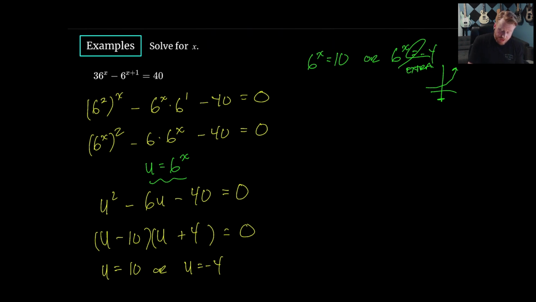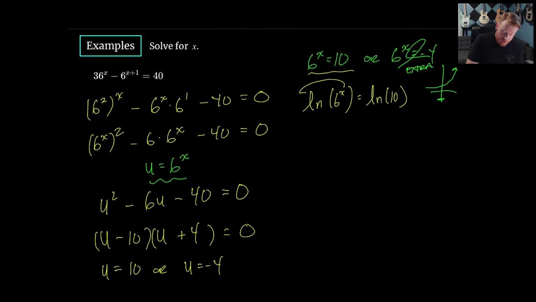So focusing on 6 to the x equals 10, I will take the natural log of both sides. It doesn't really matter which log we take. I could take log base 6, but I'm not able to put that into a calculator if I wanted to get a decimal approximation, which we don't always want, but sometimes it can be helpful. So I'm taking the natural log of both sides here.